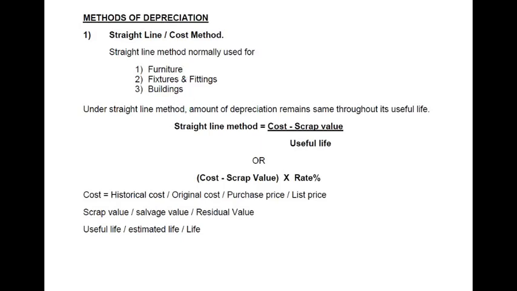The straight line method, also known as the cost method, is basically used for assets such as furniture, fixtures and buildings. Now what is common in all these? They all reduce in value by the same amount every year. Any asset whose usage pattern is not easily identified, or if we know that we are using the asset evenly, not sometimes more and sometimes less, if the usage is even, equal each year, we'll be using straight line depreciation.